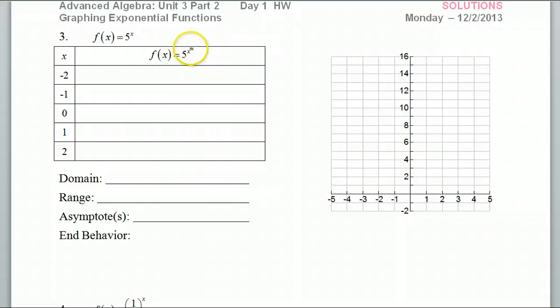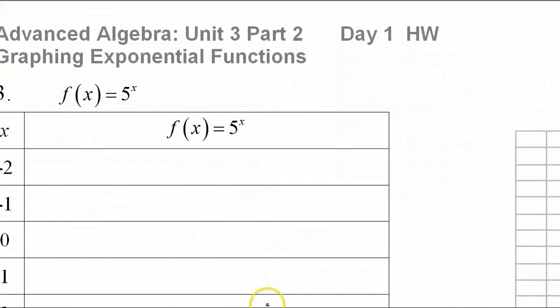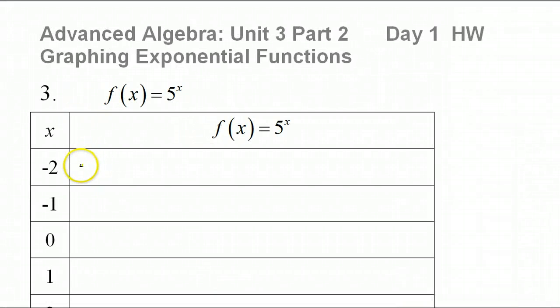So here we go. We have to do 5 to the x power. So that means we're starting off with 5 to the negative 2 power, which would be 1/5 squared, which would be 1/25.